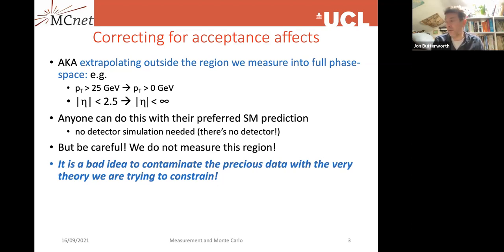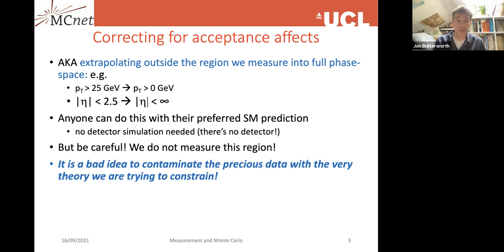I'd really rather just have the total WW cross section, and my mate, this theorist, has just calculated it at next to leading order, so I want to compare to this fully inclusive thing. That's a legitimate thing to want to do as a scientist, but you have to remember that actually you haven't measured that cross section. What you've done is you've measured it within a region where you have a detector, and then you've extrapolated to the full phase space.